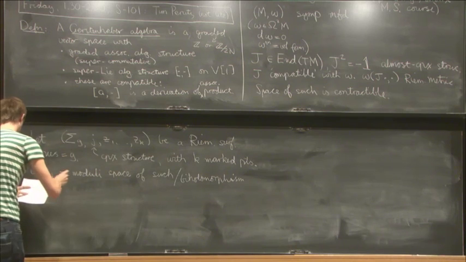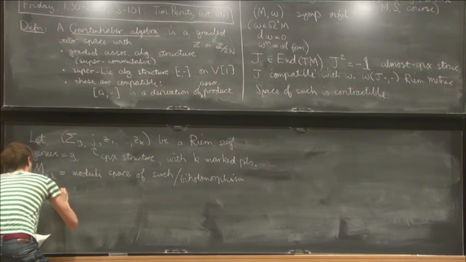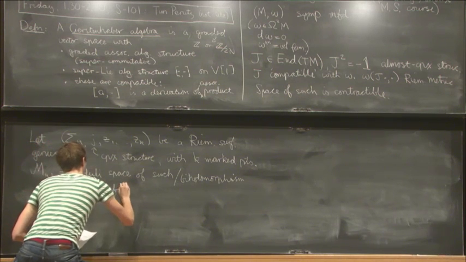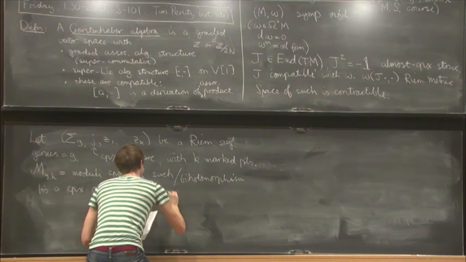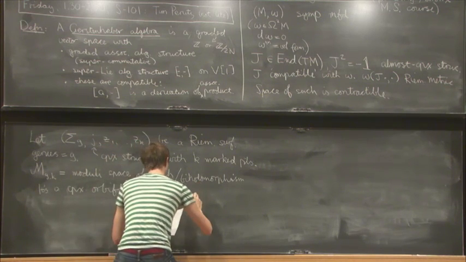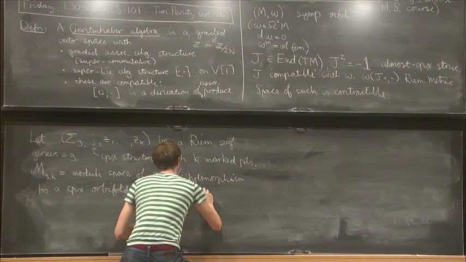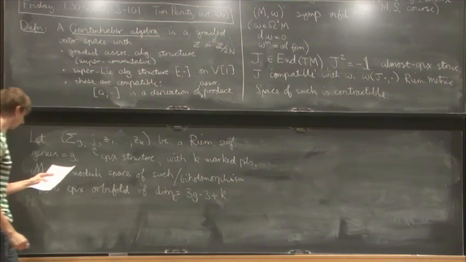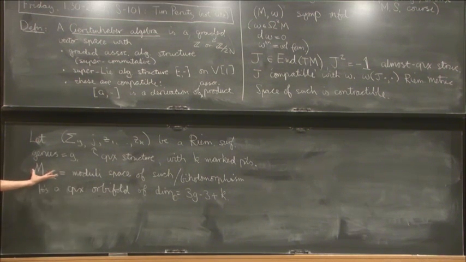It's a complex orbifold of dimension over the complex numbers 3g minus 3 plus k. The orbifold, because some of these curves have automorphisms.